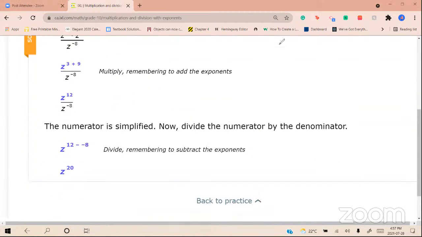But since over here they did a good thing, they showed you what happens when there's a negative. So normally when you divide, you subtract, right? But when you do minus minus, you're subtracting a negative number, you add 12 plus 8, which gives you 20. Do you guys see that? Do you kind of see what happened here?